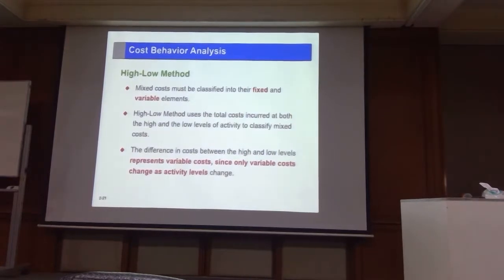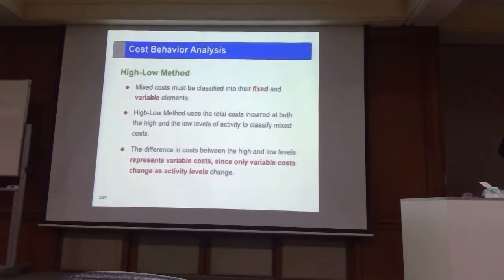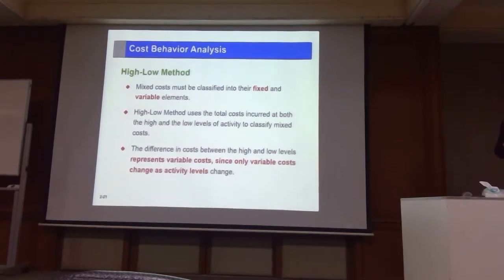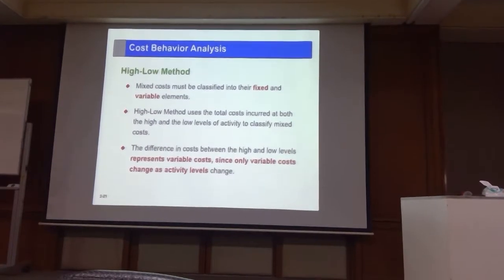In practice, if you have the mixed cost, you know that you need to separate the fixed portion from the variable portion. But how can we do that? From the exercise it's given, but in practice we can compute by ourselves, okay?